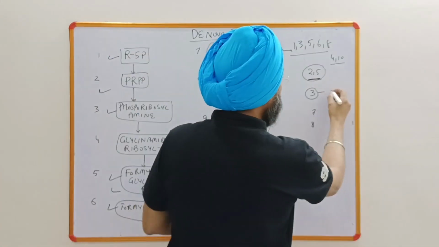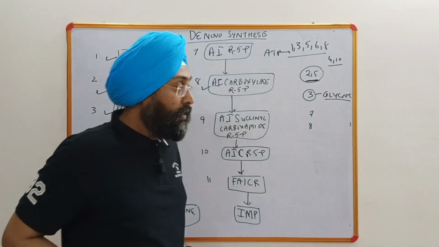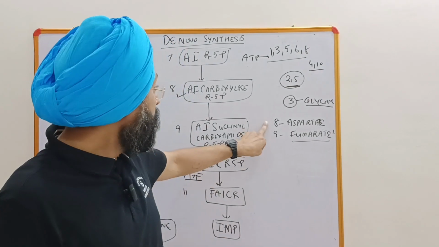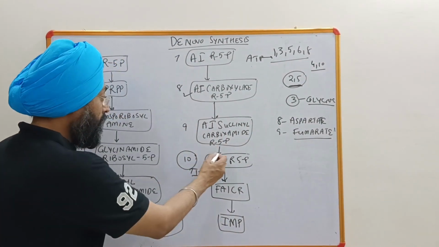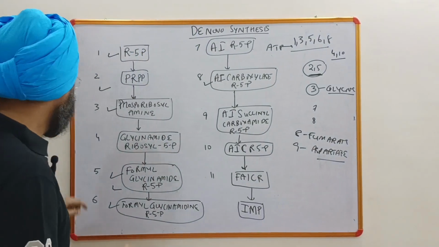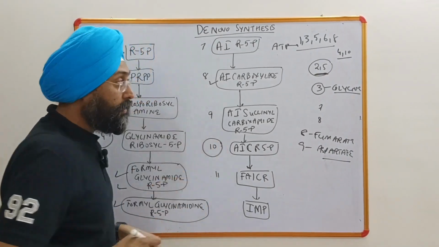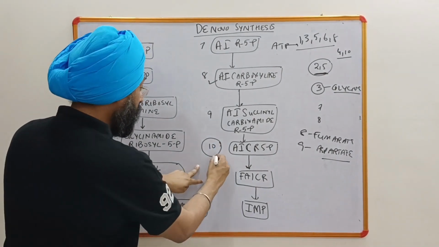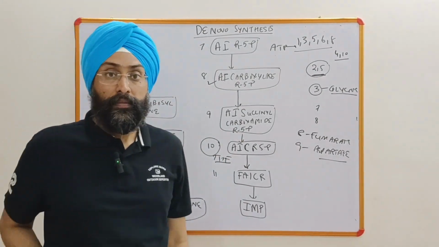And in the third step, we add the glycine molecule, right? In the eighth step, aspartate goes in, and in the ninth step, the fumarate comes out. And in steps 4 and 10, we require tetrahydrofolate, right?